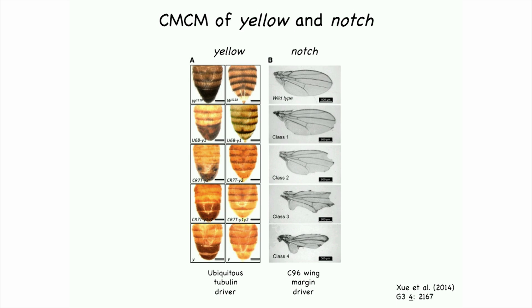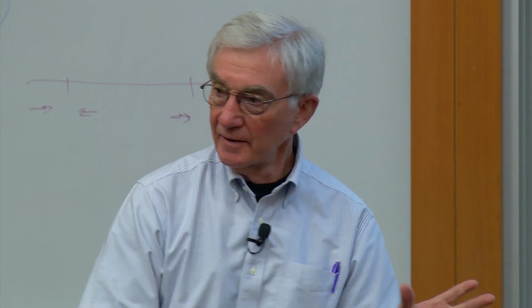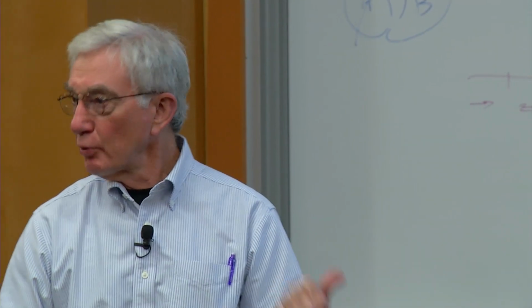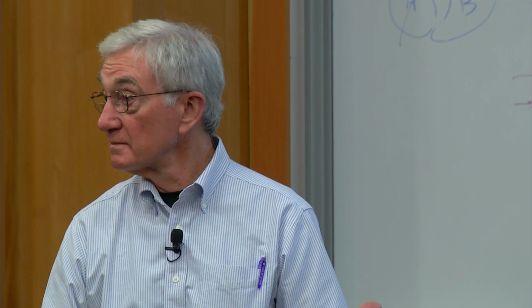So to target Notch with a guide RNA, they used a promoter that was specific for the wing margin. So this illustrates a nice feature of this Gal4 UAS system. Notch is important for early development in Drosophila.